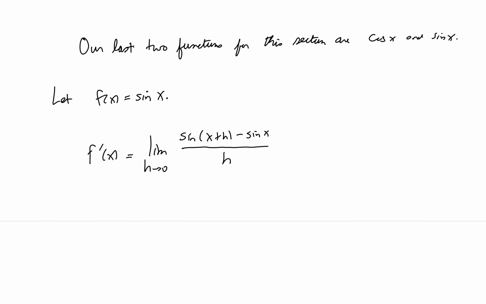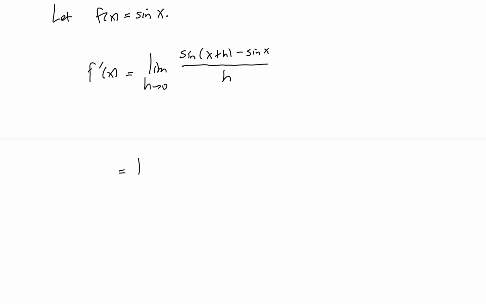I wouldn't expect you to remember these, but we can go ahead and look them up. So we've split up this sine of x plus h using the trig identity. So this becomes sine x cosine h plus cosine x sine h, and then minus sine x there, this whole thing over h.